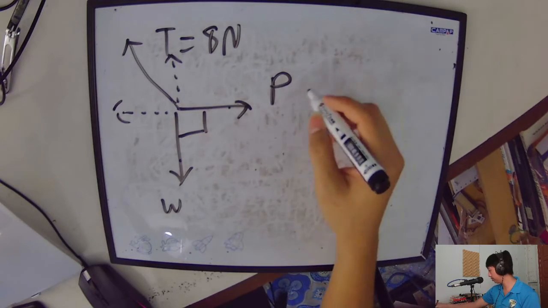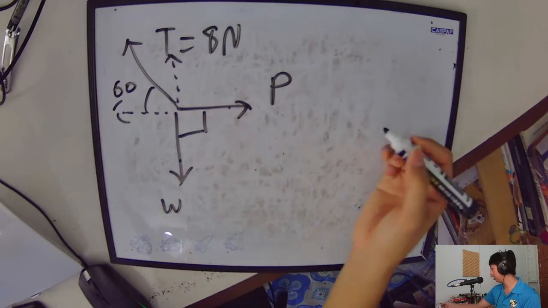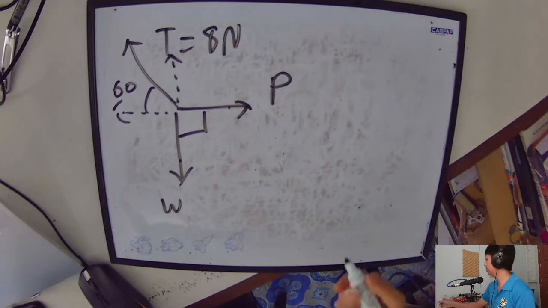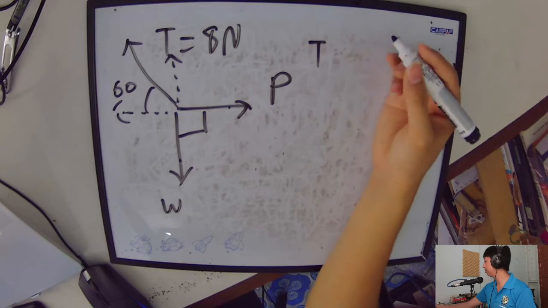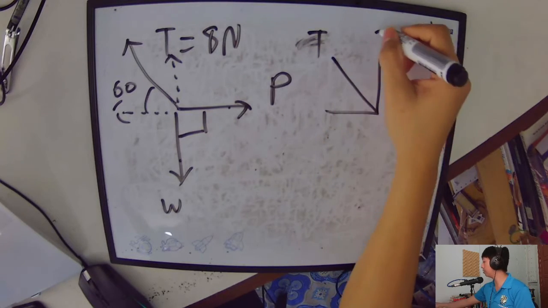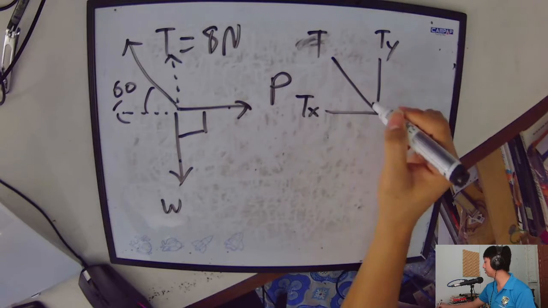So T, and we know this is 60 degrees. If we use the resolution of force method, we take T. We have Ty and Tx.